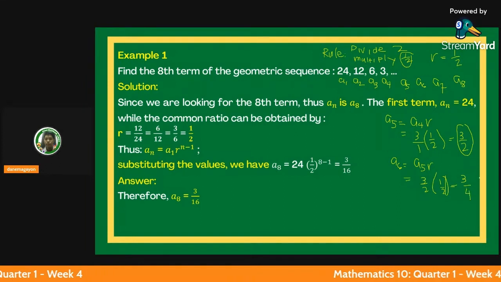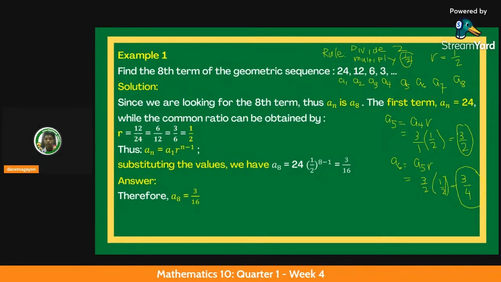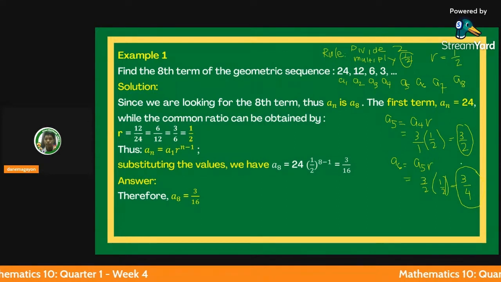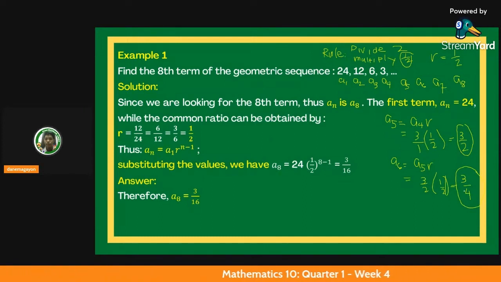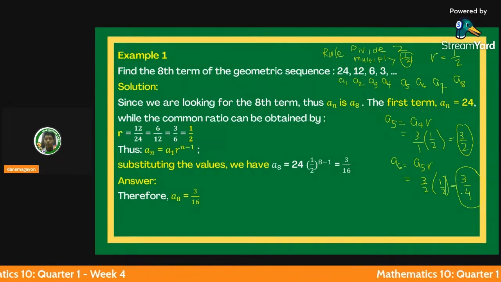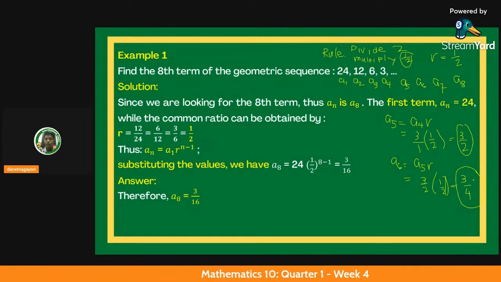Yan yung magiging corresponding value natin. Kung mapansin natin, yung numerator natin, naging fix na siya as 3. And then yung denominator natin, nagda-double siya. So for a sub 7, we are expecting na ang answer natin is 8 yung denominator. And then yung a sub 8 naman natin as 3 over 16 naman, or 16 as the denominator. Yan yung magiging possible observation natin.